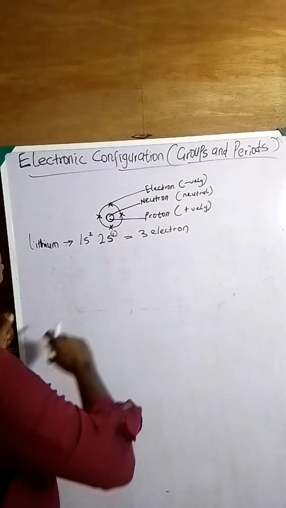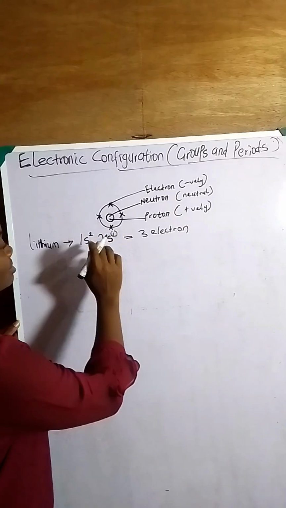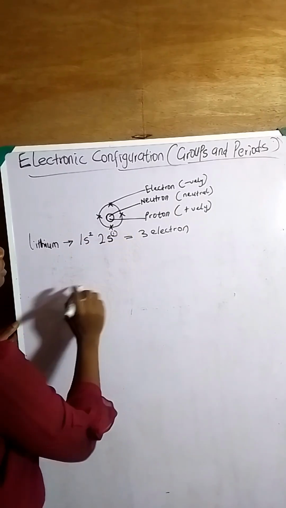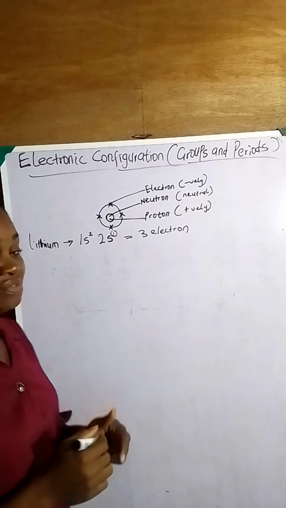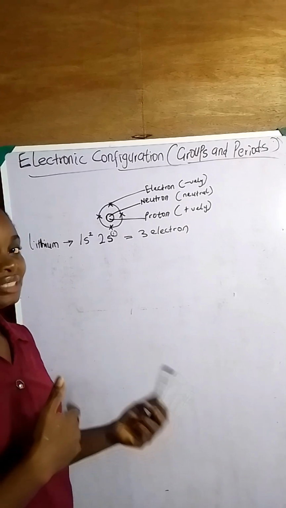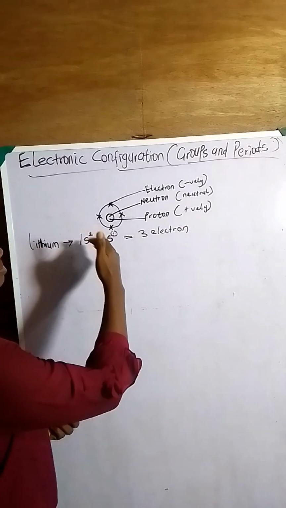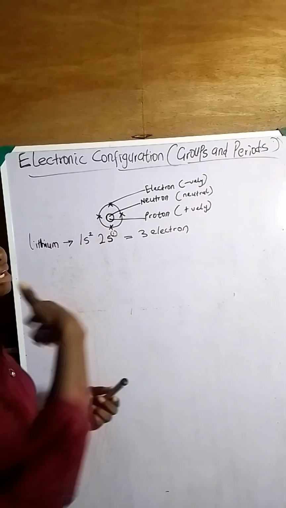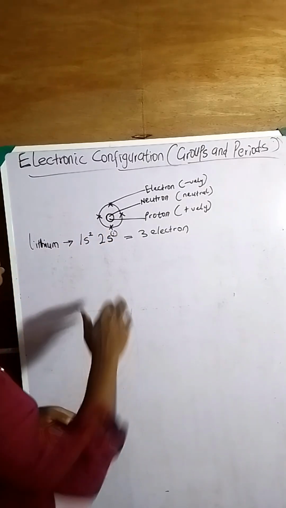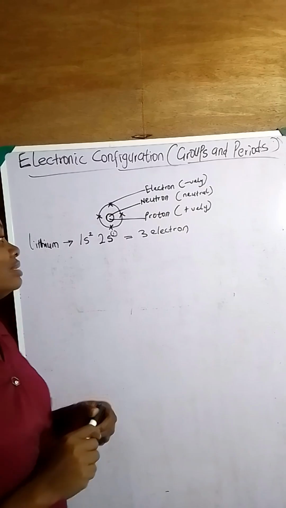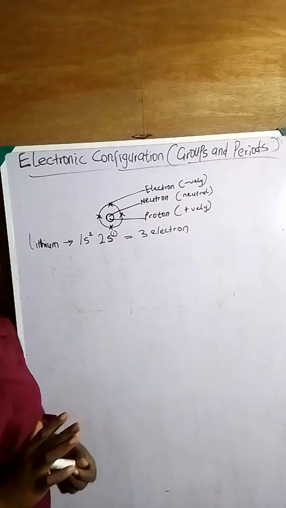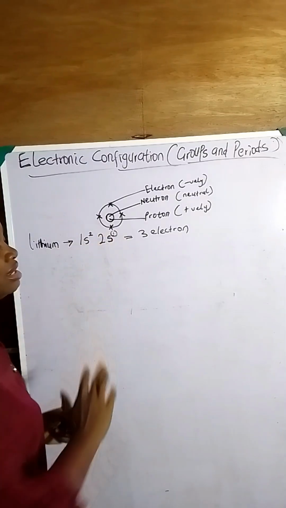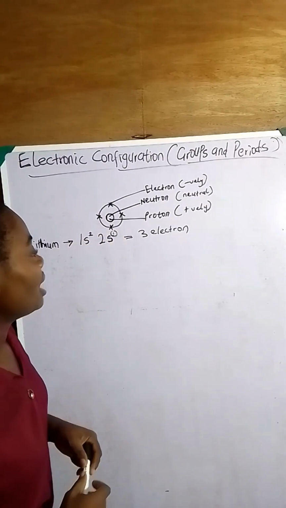Now, lithium here has this last energy subshell. The index is 1. And the coefficient, remember coefficient is the number that is attached to something. So I presume that this 2, although it is the energy level, we can say is the coefficient. So looking at lithium, I can simply deduce the group and period of which lithium belongs to by looking at this last energy sub level.